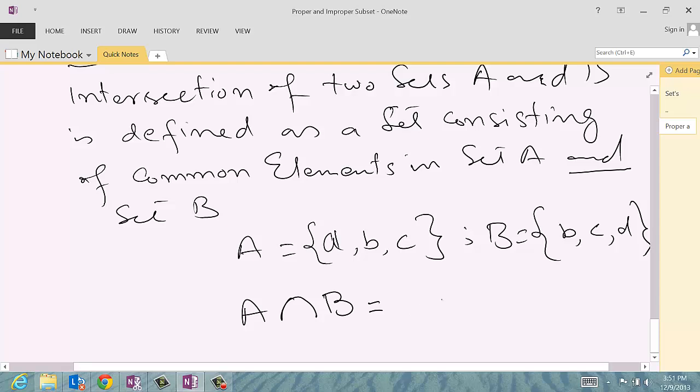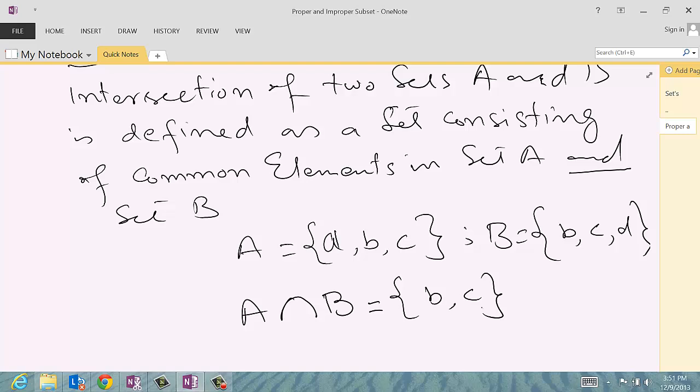In intersection, we are going to include only elements which are common to both. So definitely B and C are the only elements which are common to both. So this is what is called the intersection. In other words, we can say that these two sets A and B are non-exclusive because they have something common. And what are those common elements? Those are B and C, and that's what we call the intersection of two sets.